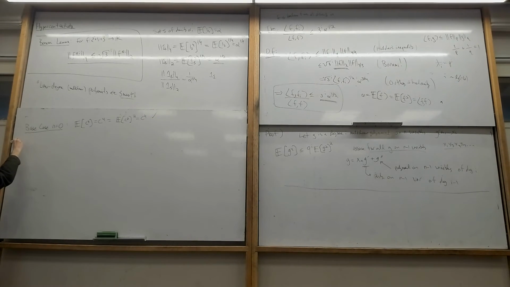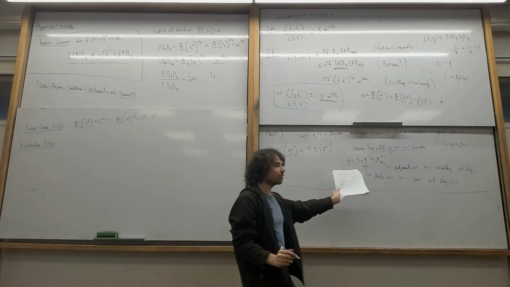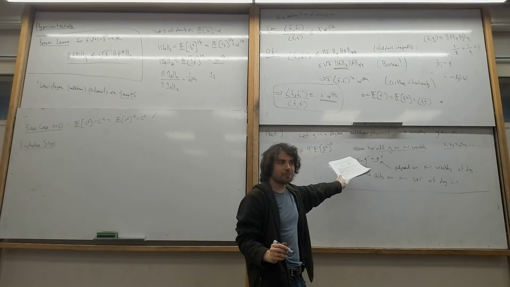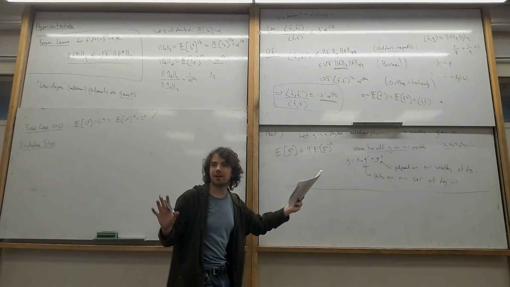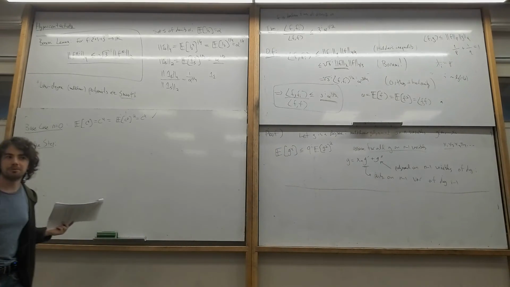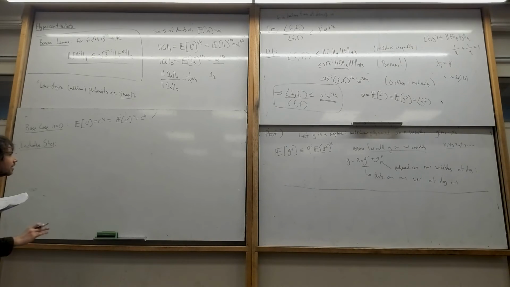Let's do the inductive step. This is slightly more interesting, but one of the cool things about this is that really, once we realized this, the proof will more or less write itself up to one or two tricks using Booleanity or using balance of plus minus 1.